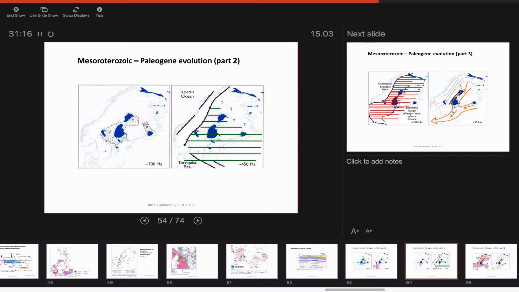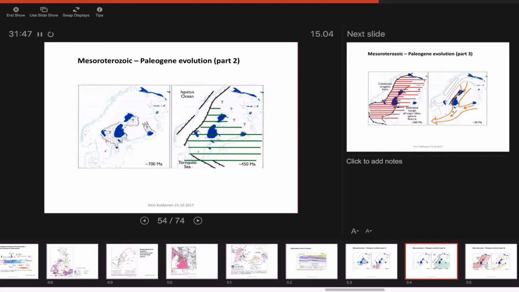Then, about 700 million years ago, we would have this kind of situation. There's a rift here with a question mark related to Ladoga, and also the extension of the Bothnian Bay and the Bothnian Sea. As we have some splinters of sedimentary rocks on the Swedish side, it's possible that the sedimentary cover was there as well.